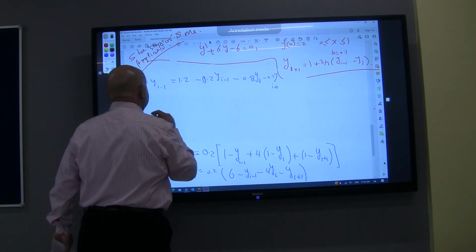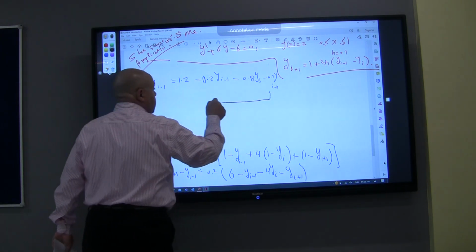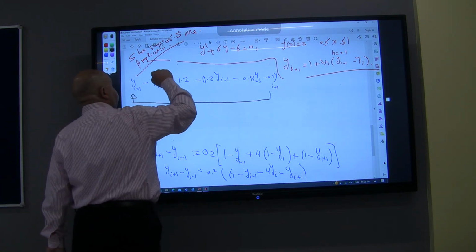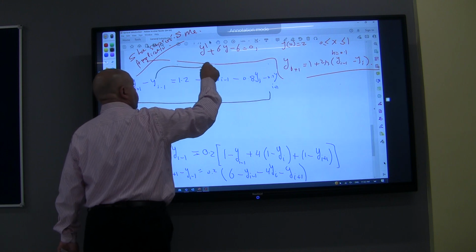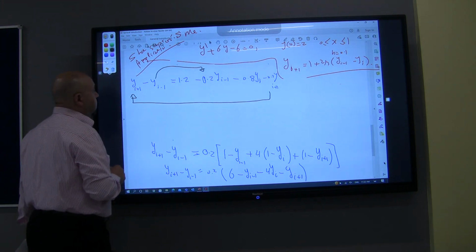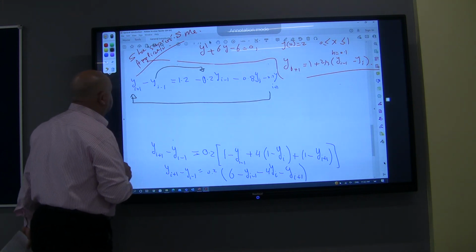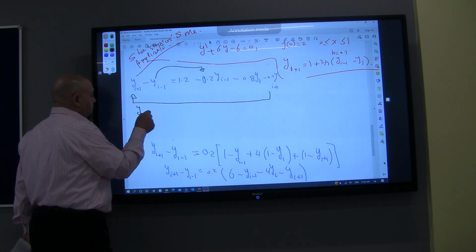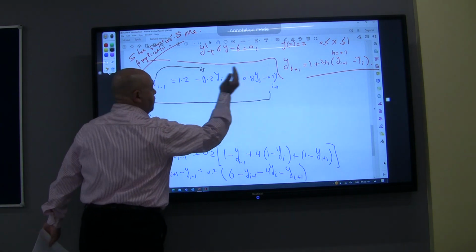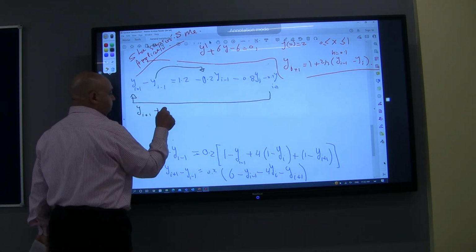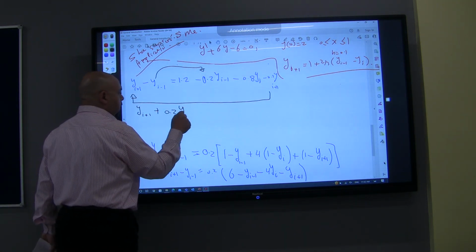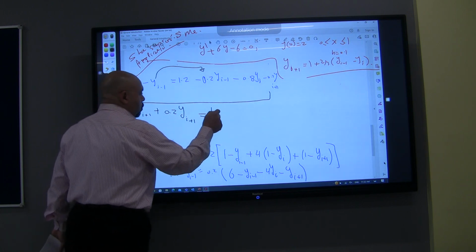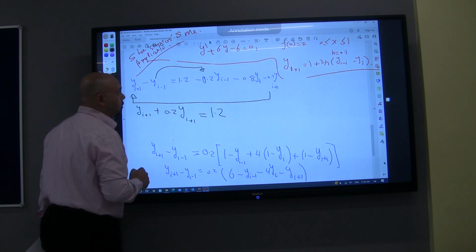Let's see. I can take this one and move it to the left hand side. Negative yi minus 1 I will bring to this side. So the form will be: you have 0.2 times yi plus 1 equal 1.2 for this value.